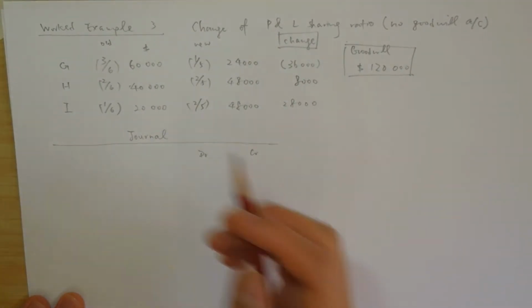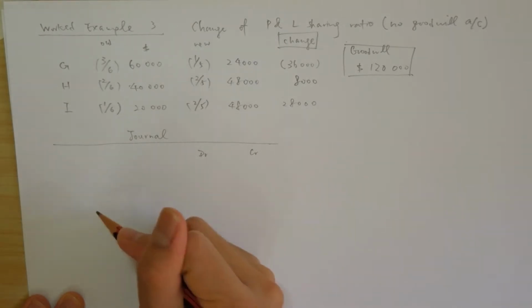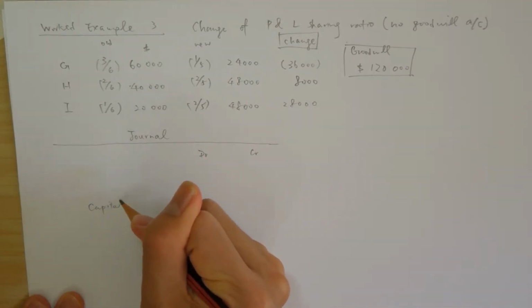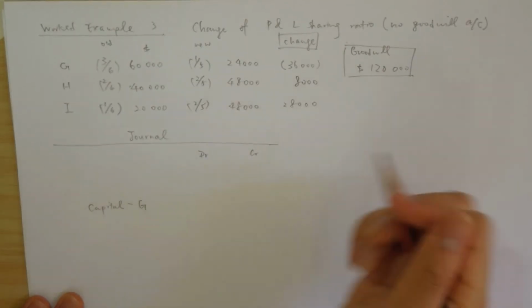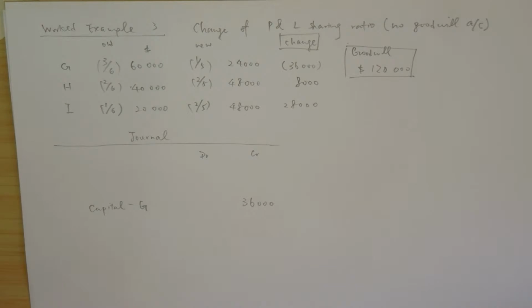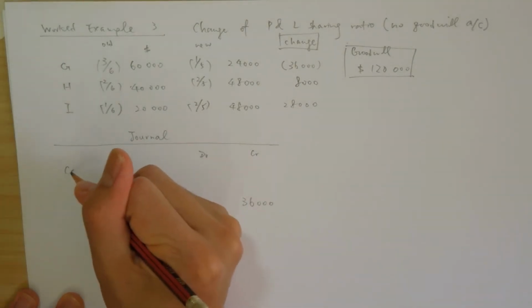For G, we will credit it because we need to compensate for his capital losses. Therefore, G we credit 36,000. And remember, to credit the capital account means to increase G's capital, and for H and I we will debit it.